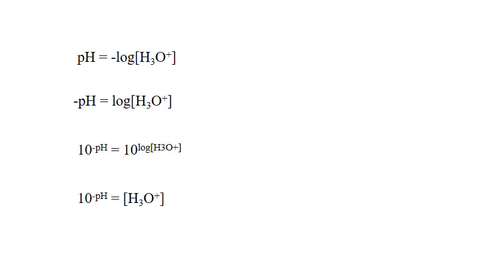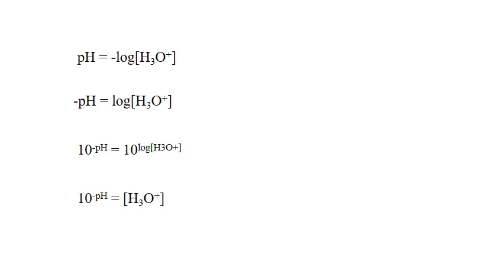We start with pH is equal to the negative log of H3O plus, just the definition. Multiply both sides by minus 1, so you have negative pH is equal to the log of H3O plus. Now I'm going to take each side and raise 10 to the power of each side. So 10 to the minus pH is equal to 10 to the log of H3O plus.